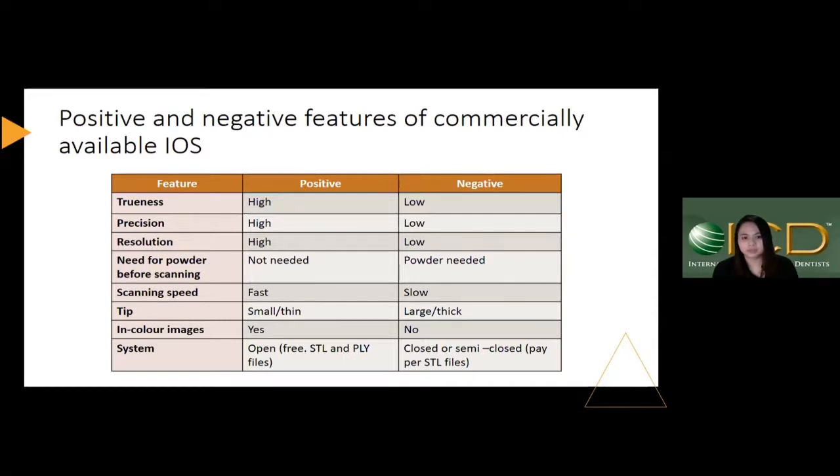And for scanning speed, the faster is better. And if the tip is small and thin, then it is better, because the patient is more comfortable, and we can position it intraorally more comfortably with a better view. And whether the system is open, closed, or semi-closed is also important.